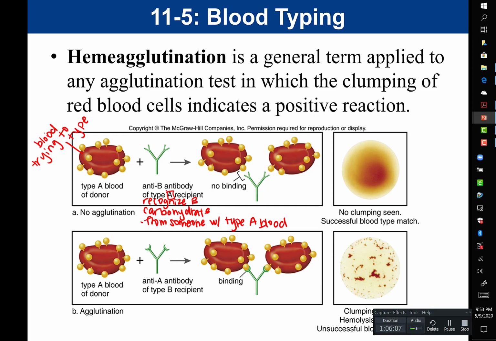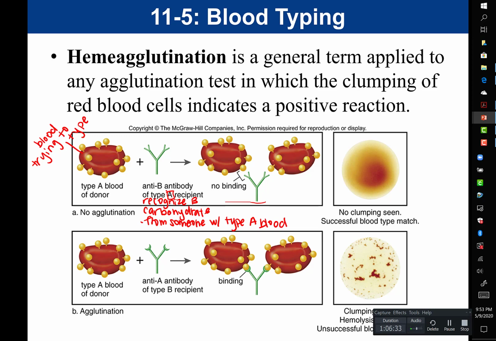Now, anti-B antibodies, the antibodies that recognize the B carbohydrate, don't have the same shape as the A carbohydrate. So notice that the antigen binding site, the site on the antibody where the antigen would bind, has this kind of triangular shape. The A carbohydrate is rounded. And so notice that you don't get binding.